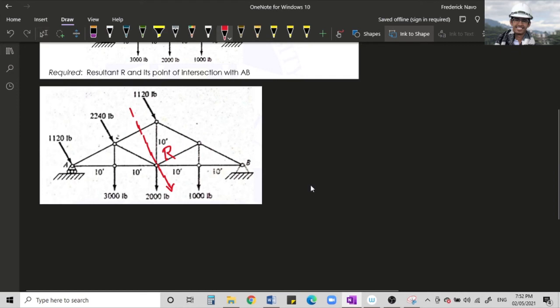So, i-determine din natin yung point of intersection niya. So, siguro, ilagay natin dito yung R natin. Tama? Parang sa module ninyo. Okay? So, ito yung R natin. Hanapin din natin yung kanyang intersection, location, from point A. Okay? So, let's call this X. Okay? Yan.